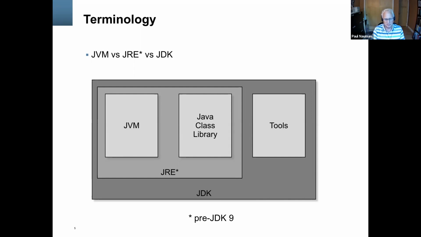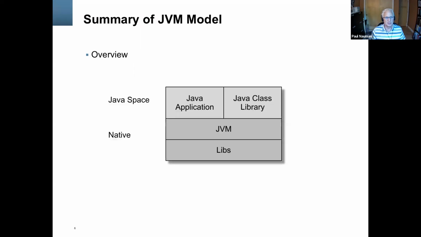So those are the things that you expect to find in the bin directory: javac, the Java compiler, jdb, the Java debugger, the jar tool that puts together archives and takes them apart, and a couple other tools that are also in there as well. So that's what we're talking about when we say JVM, JRE, and JDK.